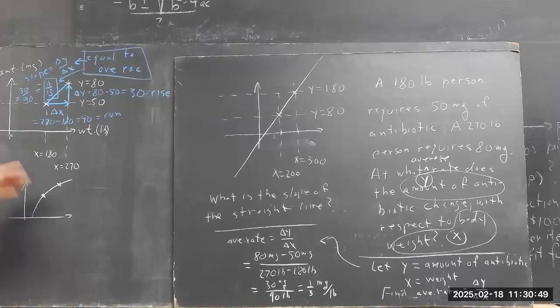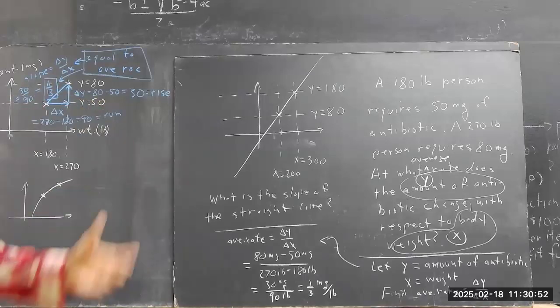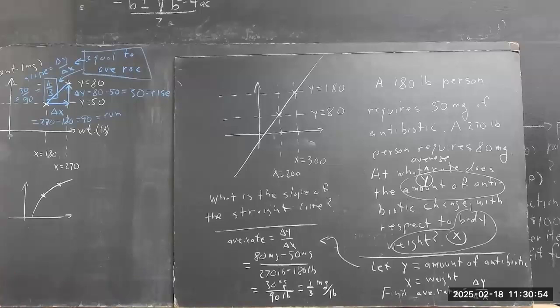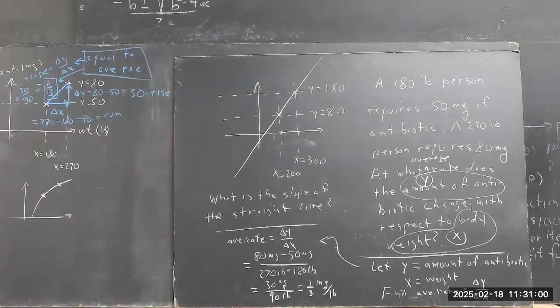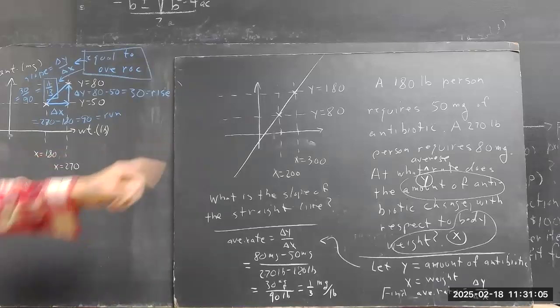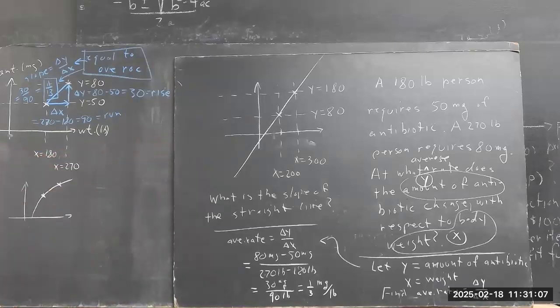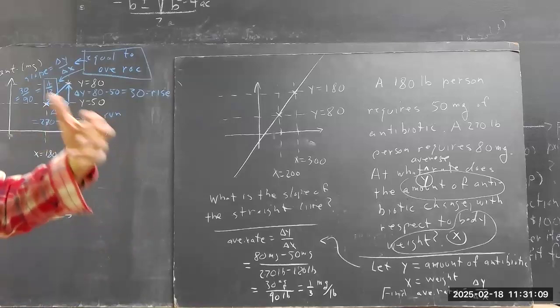But it could be an upside down exponential. Could be a lot of different things. And I don't know what it would be. If this is an antibiotic you're administering to a person, I don't know how close it is to linear.